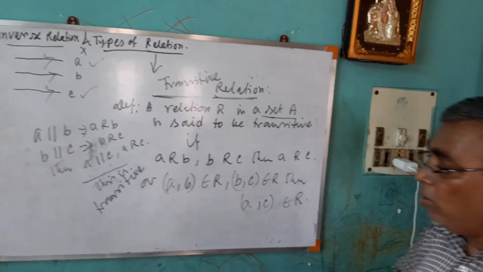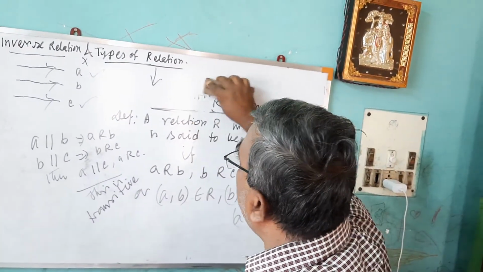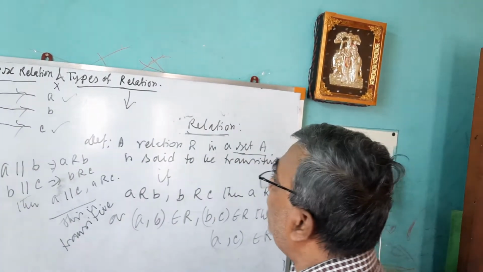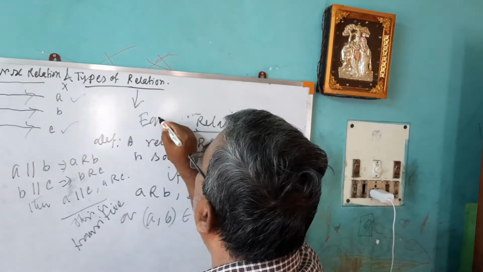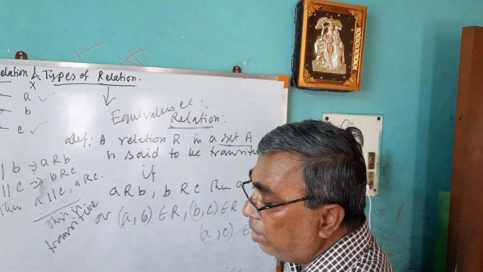Now, another last one: reflexive, symmetric, transitive, and equivalence relation. Equivalence relation is very simple.